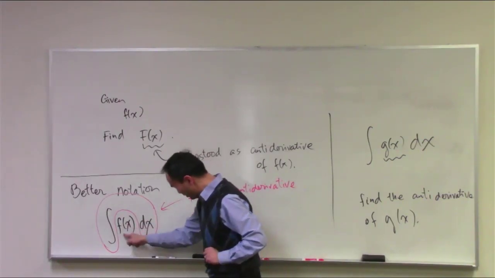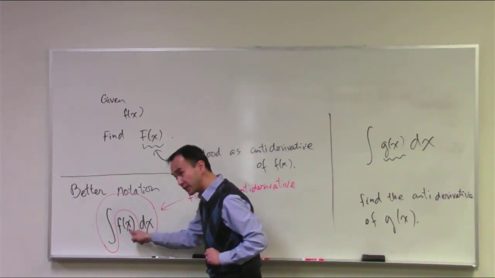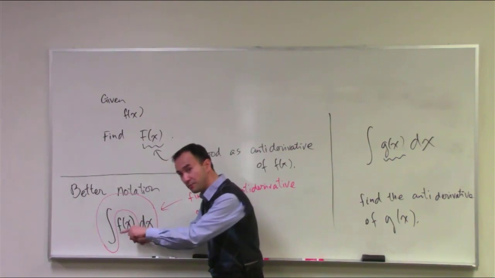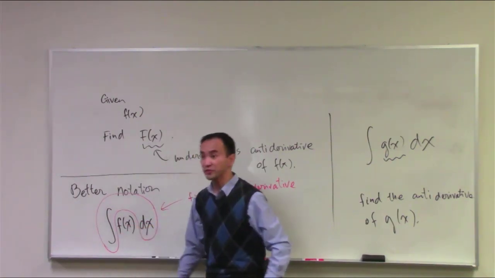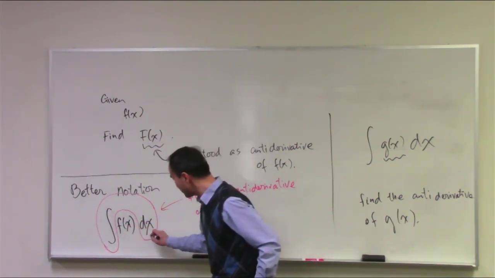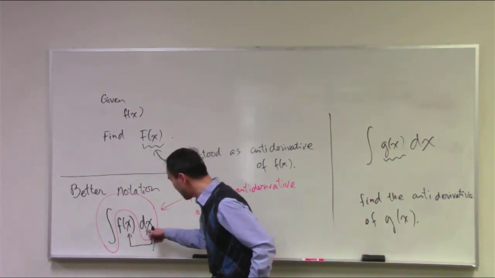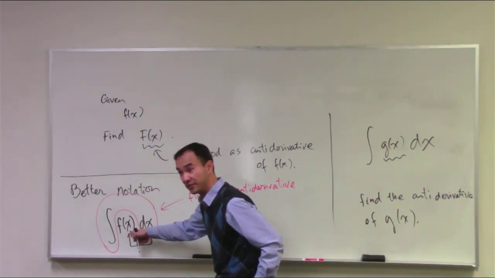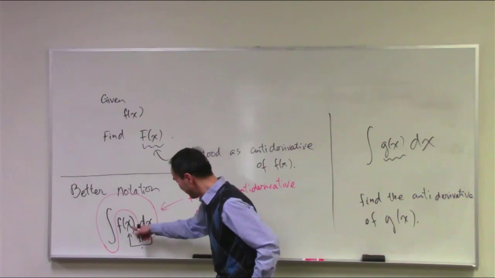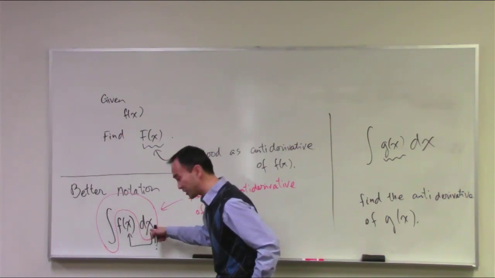Your function here is primarily in terms of x, am I correct? X is the main variable input that you name your variable of the function. And so it has an association. The dx here is telling me that you're targeting x as the variable, and you take the antiderivative in respect to x.